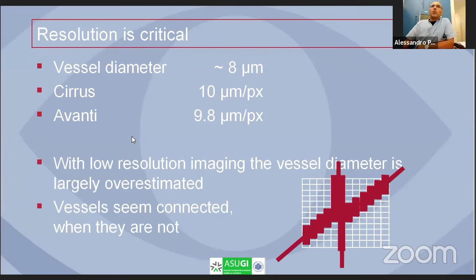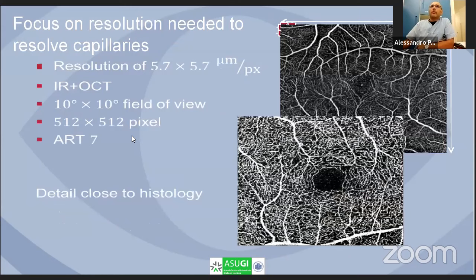So we need at least 8 micron of resolution, and the aim of Heidelberg was to improve the resolution to 5.7 by 5.7 micron lateral resolution, in order to have the clearest capacity to visualize this type of new vessels, or also the normal retinal vessels.